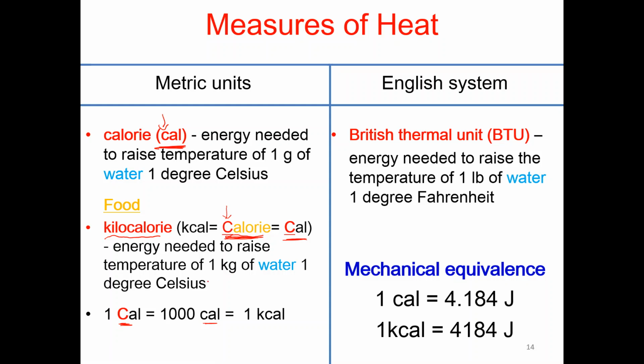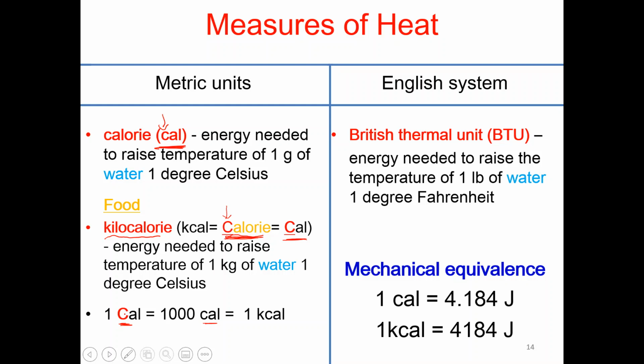Then the amount of energy is different. This is why they are not the same. But they are related, as 1 Calorie for food, the big C, equals 1,000 calories with a small c.